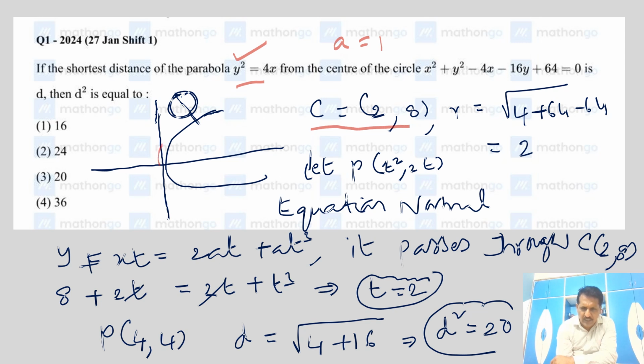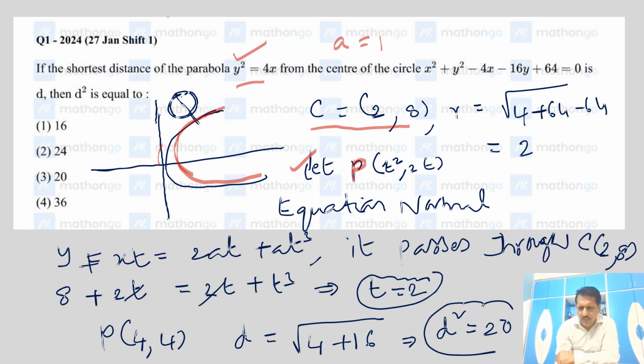So I have taken the circle here, and the parabola graph is like this. This is the graph of y squared is equal to 4x, right? This is the minimum distance, as I said earlier. Generally the minimum distance is along the normal. So let any point on the parabola be (t squared, 2t), because here a is given by 1 unit.